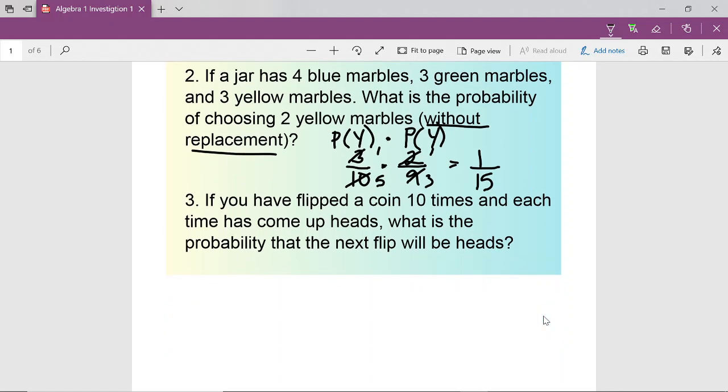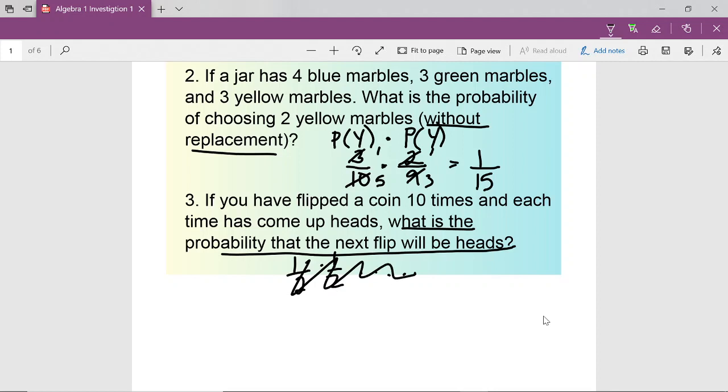How about this? If you flipped a coin 10 times and each time it came up heads, what's the probability that the next flip will be heads? Once again, it might be tempting to say it's a half times a half times a half all the way through. That's not what it's asking. It says, what is the probability that the next flip will be heads?